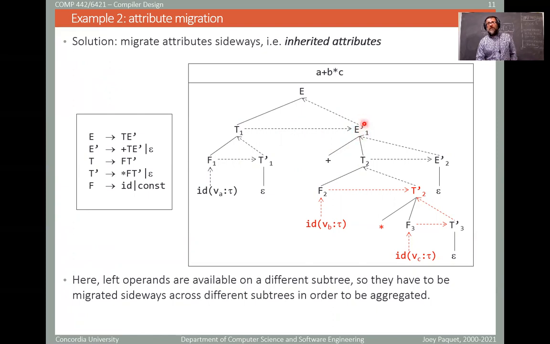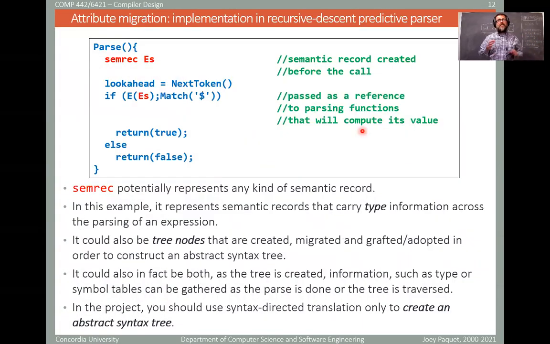In addition, it would have an inherited parameter that is used to pass its inherited attribute, as well as another parameter for its synthesized attribute. So by default, all the methods that are doing semantic aggregation or processing would have one parameter. If they need to communicate with their siblings, they would have two parameters. That's how you determine that.